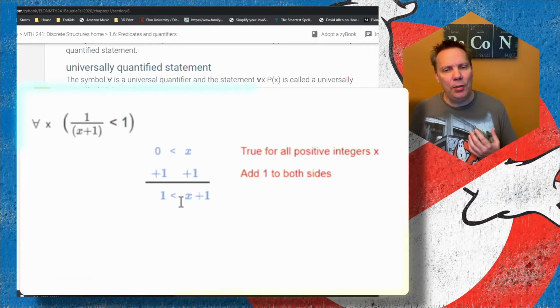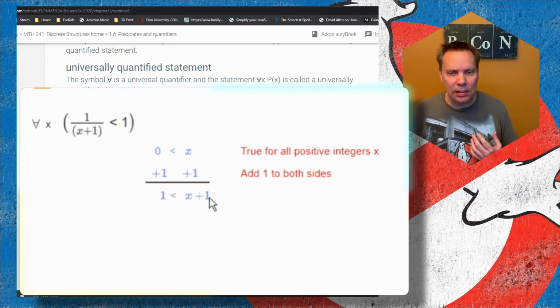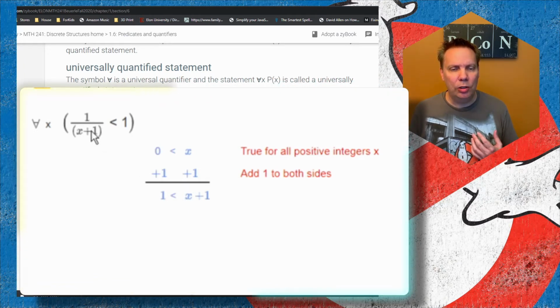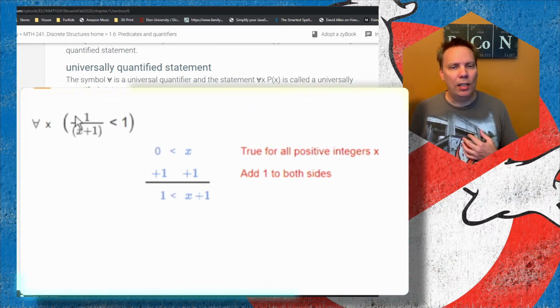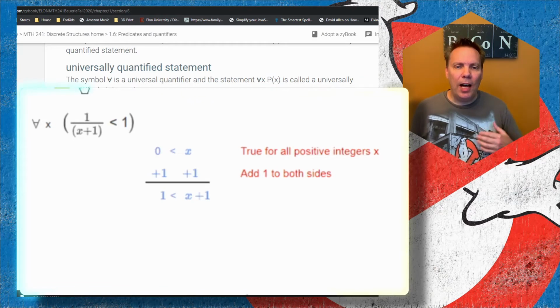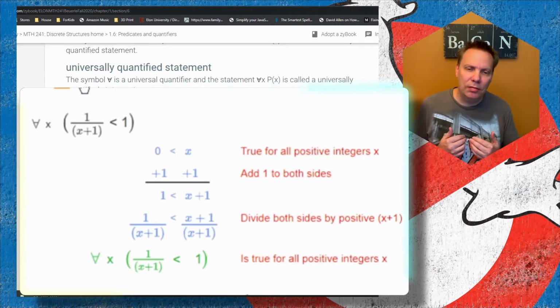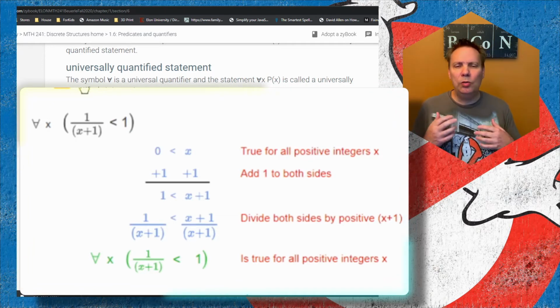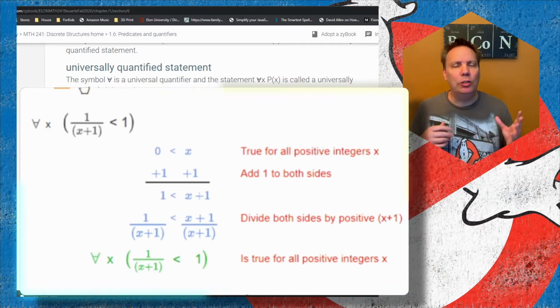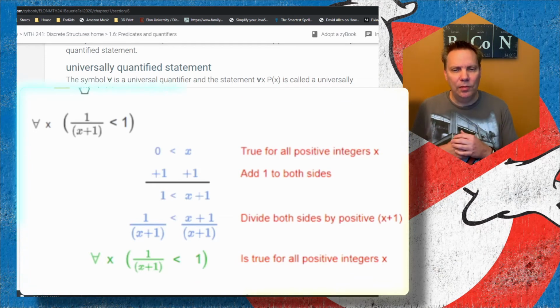Now, how do you think we can go from this truth to this over here? Well, if I divide both sides by x plus 1, and do not do this cross multiplication thing, do only one thing at a time, I get the exact statement that I want.